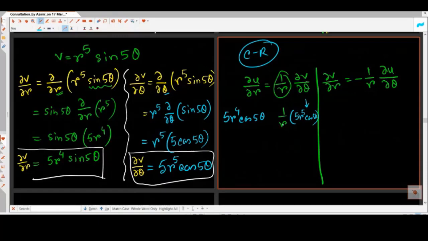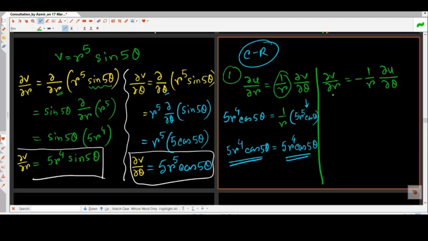If we simplify the right part, we have 1 over r, 5 r to the 5 cosine 5 theta. So r and r to the 5 can be simplified so that it becomes 5 r to the 4 cosine 5 theta. So the left side and right side are the same. So the first equation of Cauchy-Riemann is satisfied.